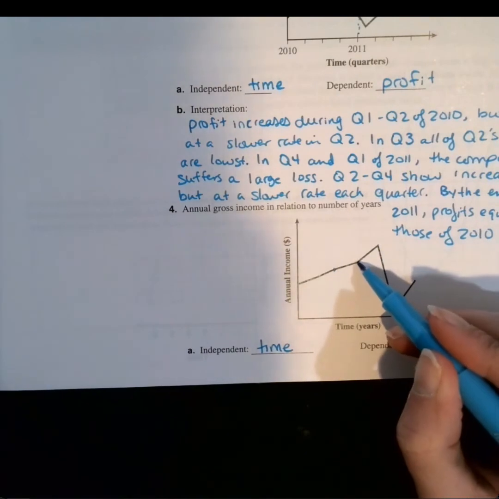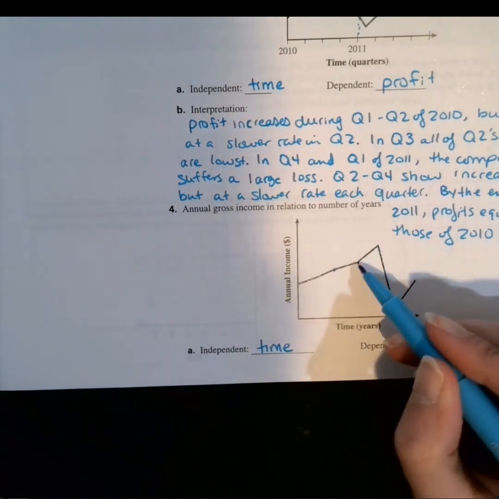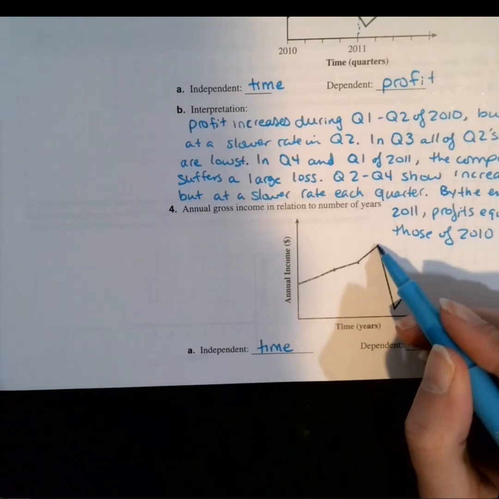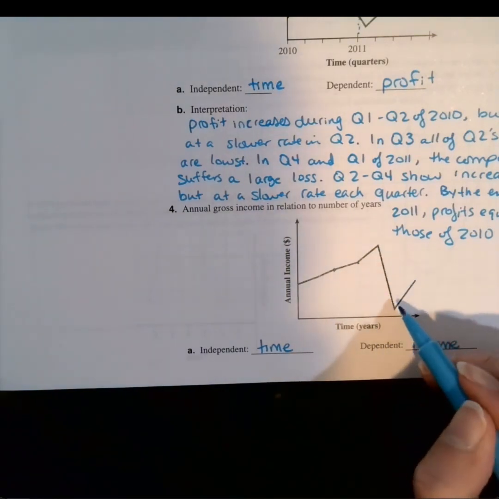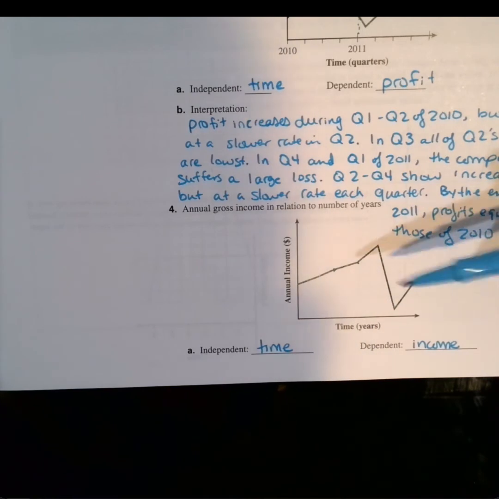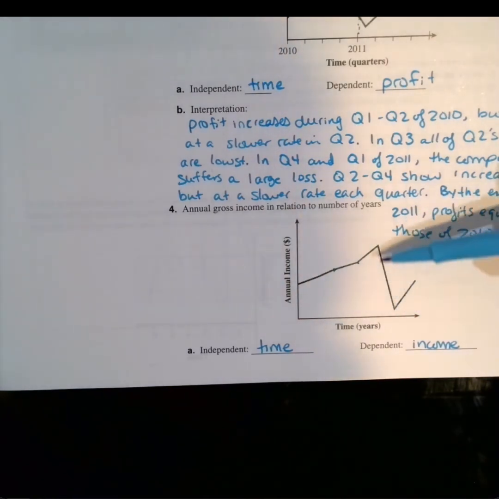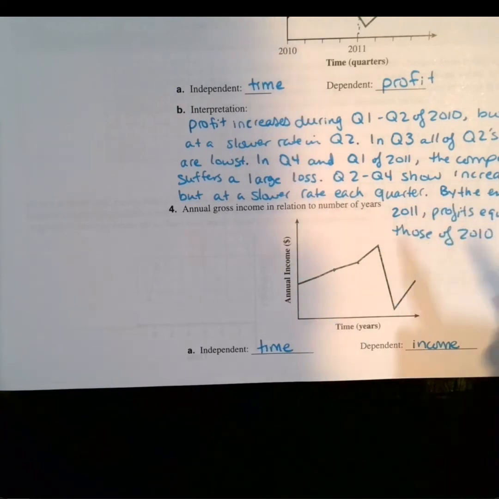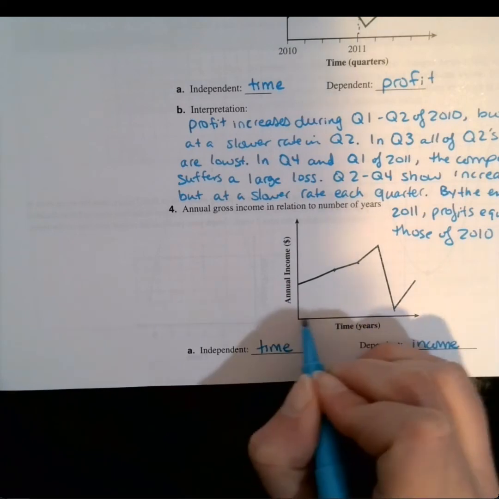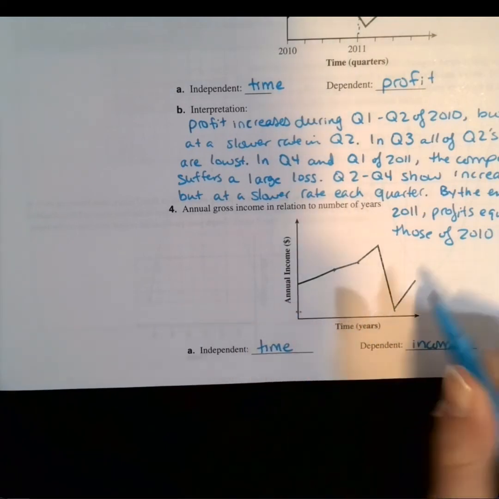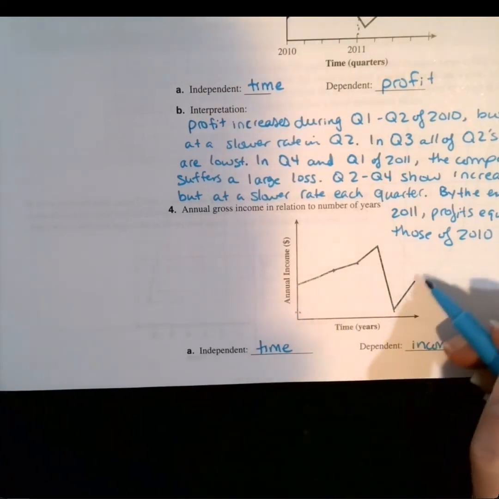Then they got a pretty good raise, right? Their income increased pretty good. But uh-oh, this is a really dramatic decrease. So they maybe got laid off or lost their job. They had to pick up a new job, and that new job's starting salary was really low. But it allowed for some significant advancement.